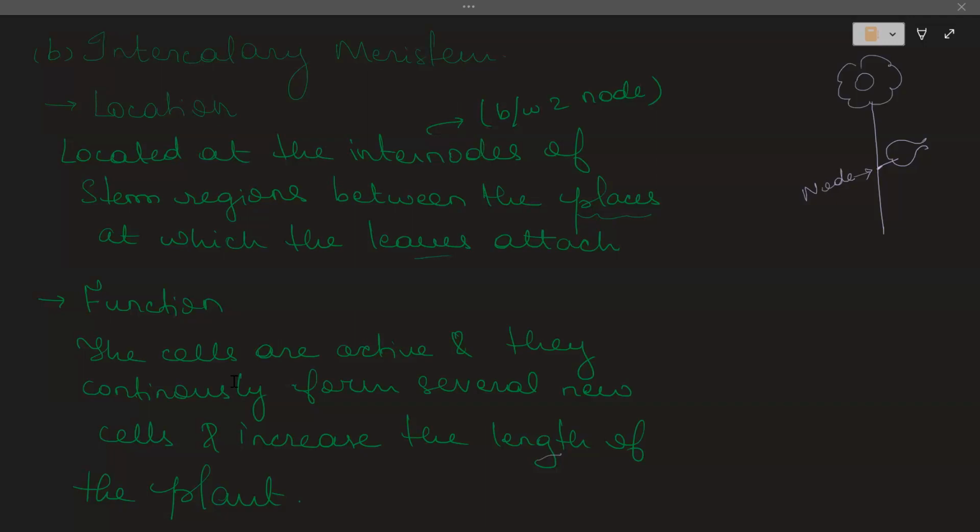Ma'am, this is the B part, right? Yes, the B, intercalary meristem.